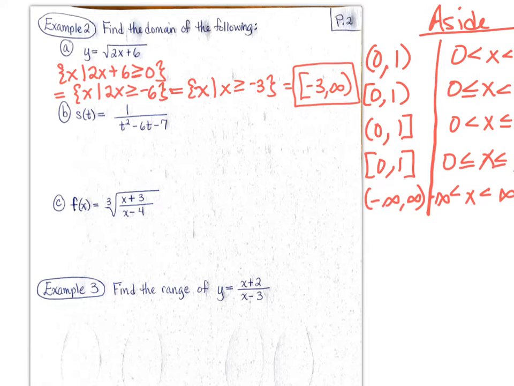Okay, so let's write it out. Just to rewrite this function, we're going to factor that. So this is going to be 1 over, if you factor it, t minus 7 times the quantity t plus 1. Now, what can the denominator not be equal to? 7 and -1.